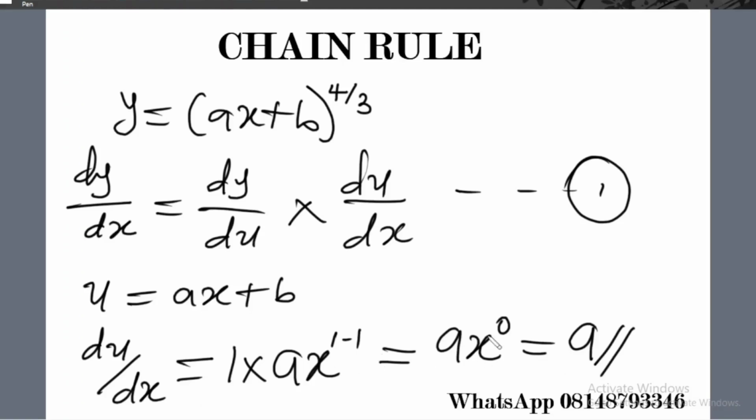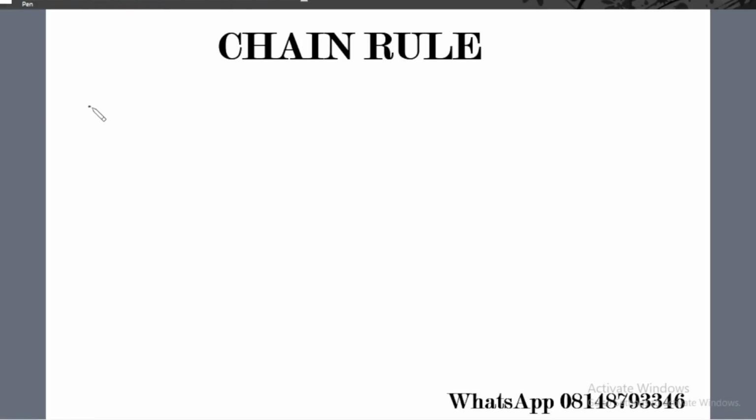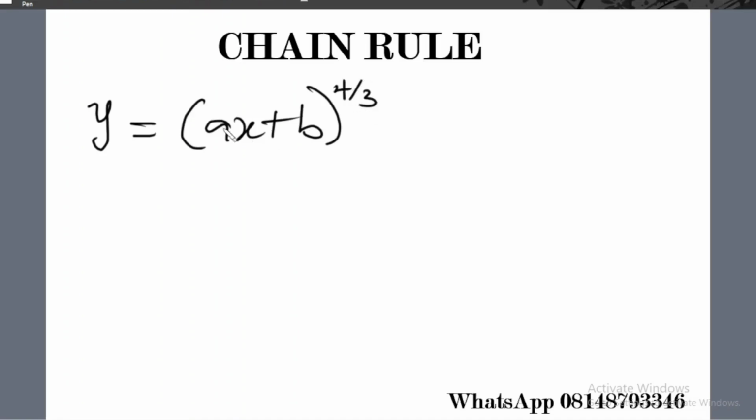So du all over dx equals a. Now recall, y equals (ax plus b) raised to power 4 over 3, and u is the parameters in the brackets. So y equals u raised to power 4 over 3.